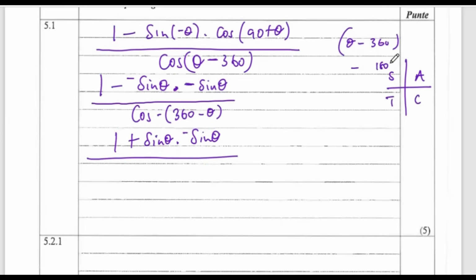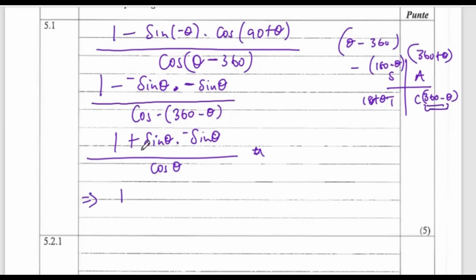This is 180 minus theta, 180 plus theta, this is 360 minus theta, and then this is 360 plus. So we're going to find it in the 4th quadrant. In the 4th quadrant, cos is positive, so that's going to be the same as cos of theta.